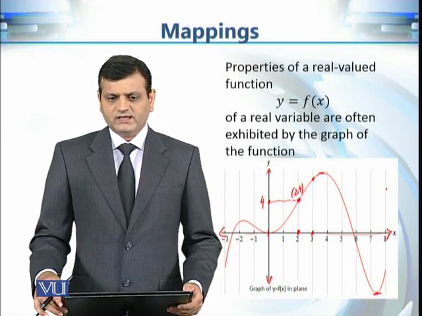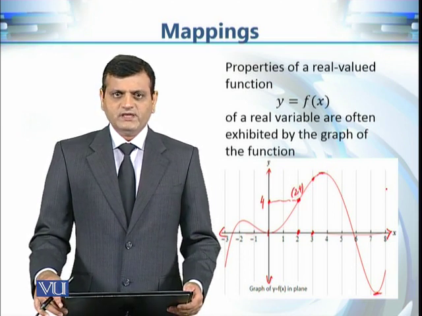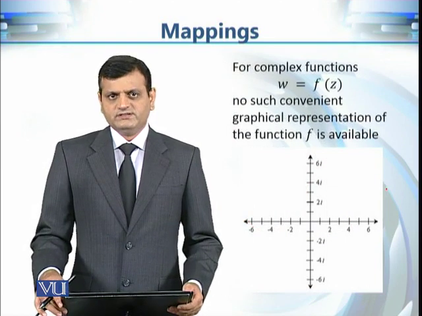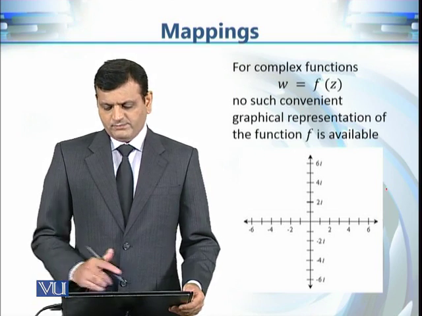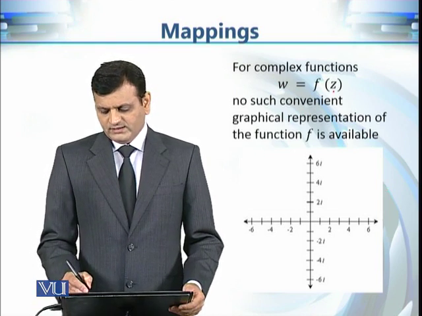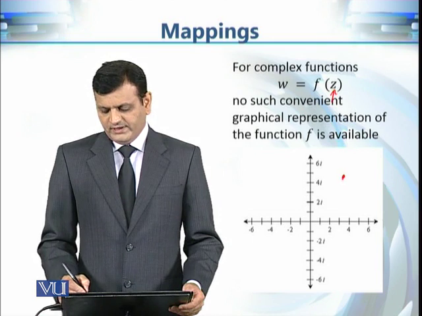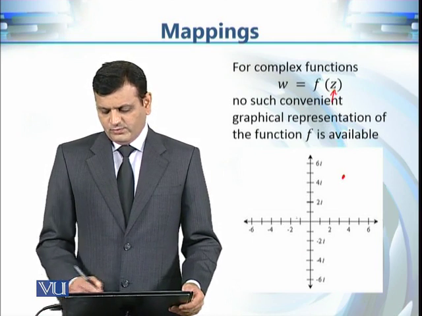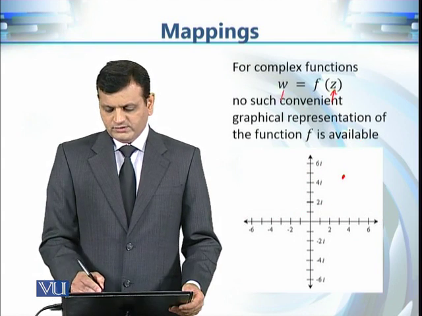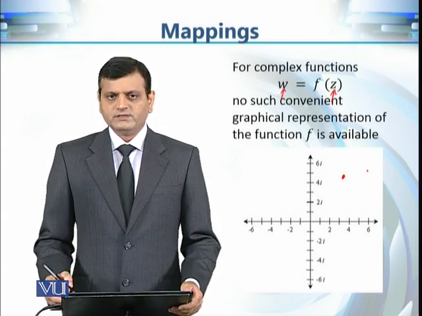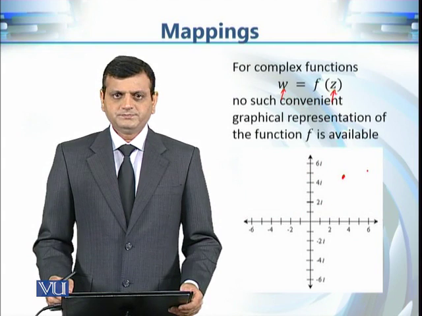Now let's ask whether we can have a similar geometrical description for a complex valued function. For a complex valued function, the domain z is a point in the plane, in other words a point in R2, and similarly the output, which is another complex number, is a point in R2.